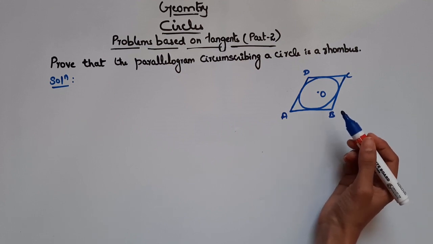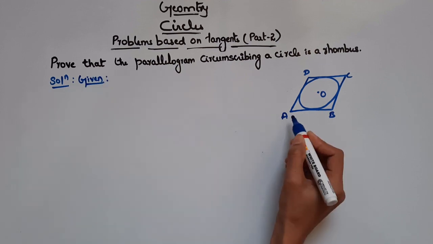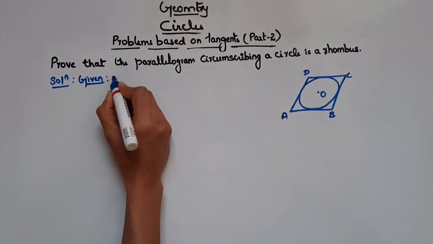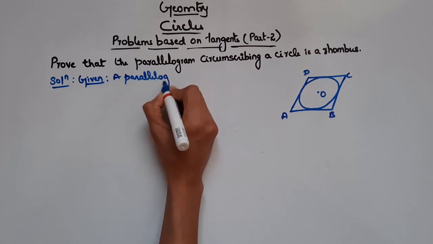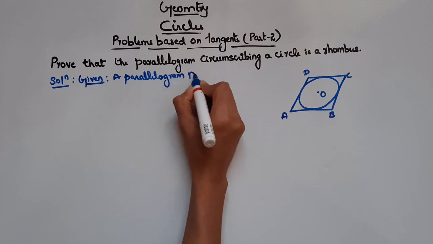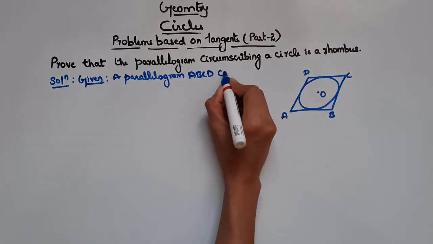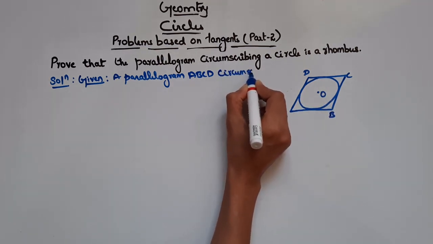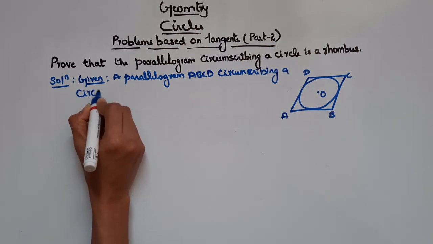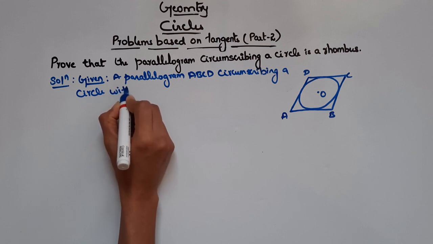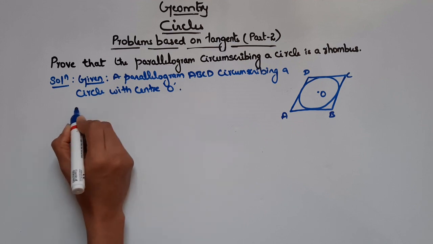So first let's write what is given. So given here is a parallelogram ABCD circumscribing a circle with center O. So what we have to prove?